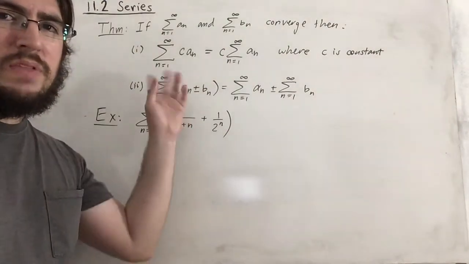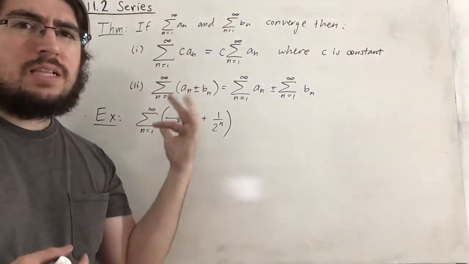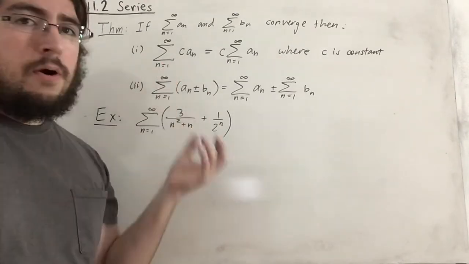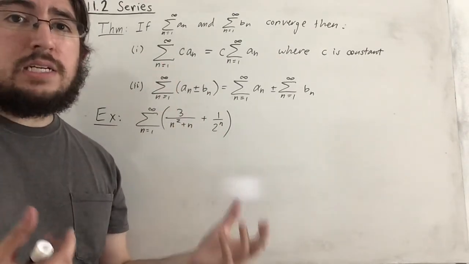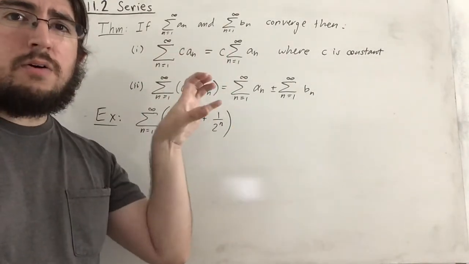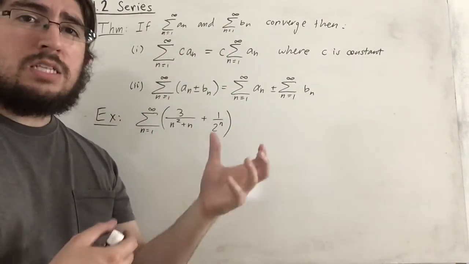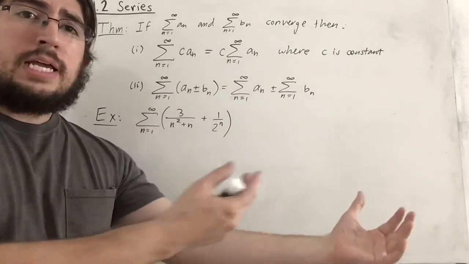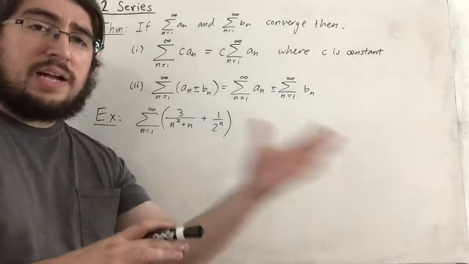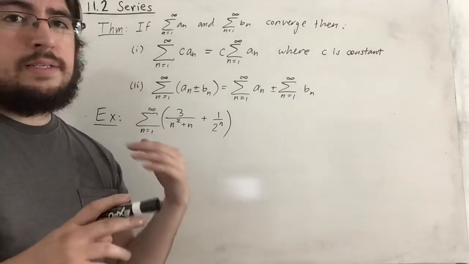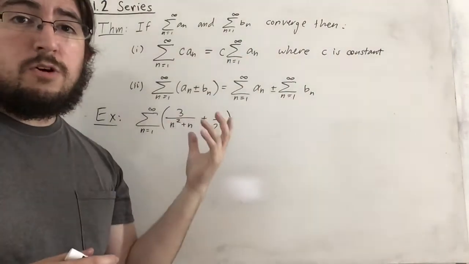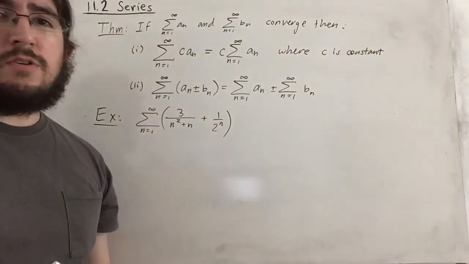Now, I'm not going to prove these, but I will say that the reason basically why these are true is because it's true for the partial sums. It's true for a finite sum, which makes sense because really the first thing is just saying we can factor out anything they have in common. Any constant multiple that they all have in common can be factored out of each of the terms. So you can factor that out of the sum, and in the limit, if the series of a sub n converges, then this would have to converge as well.